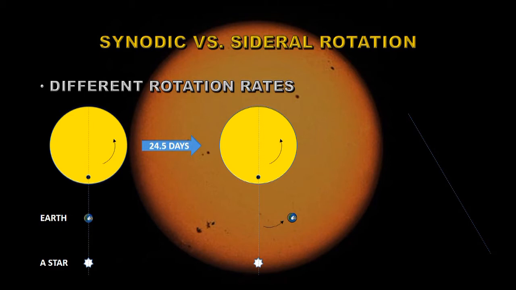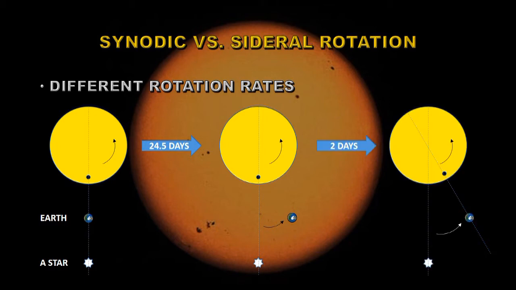However, the Earth has moved further around in its orbit, so as far as the Earth is concerned, the Sun has not completed its first rotation. That takes yet another 2 days. So there's a 24-day period which is called the sidereal rate, and there's a 26-day period which is the synodic or Earth-based rotation rate.